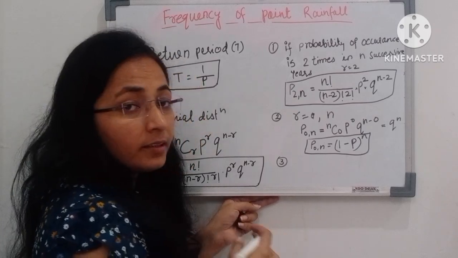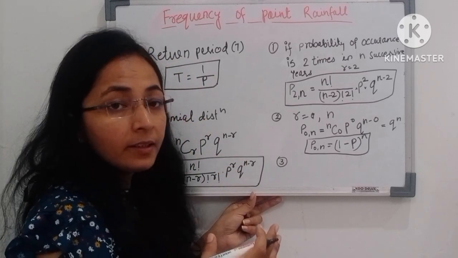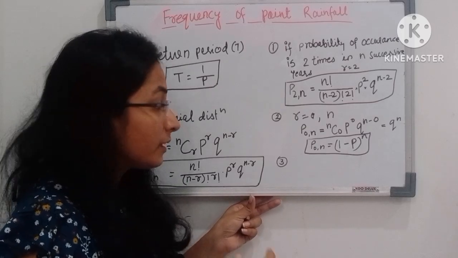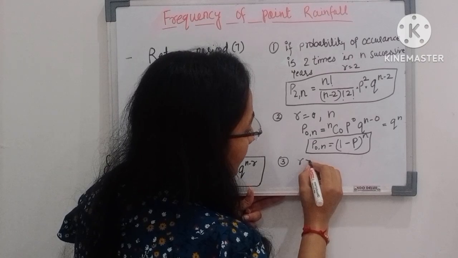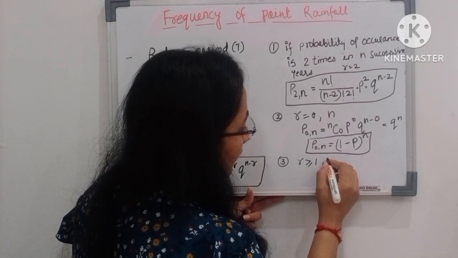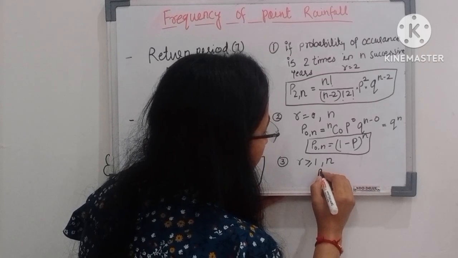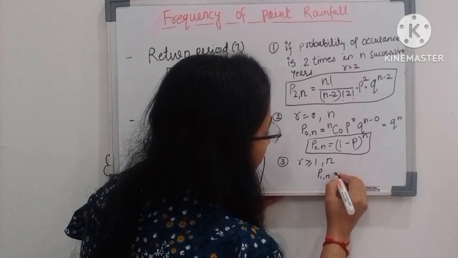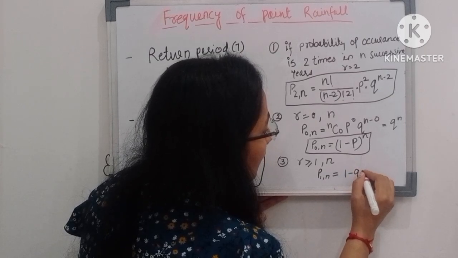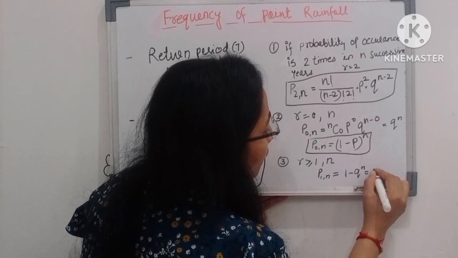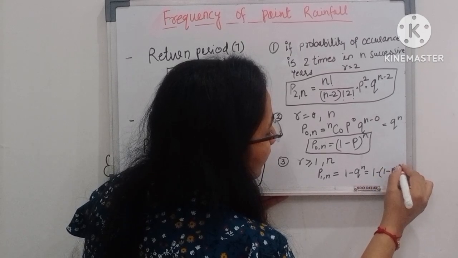The third condition is the probability of occurrence of the event at least once in n successive years. So r will be greater than or equal to 1, and here n. So P(1,n) is equal to 1 minus q to the power n, or 1 minus the quantity 1 minus p, to the power n.